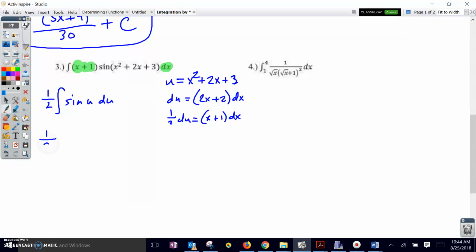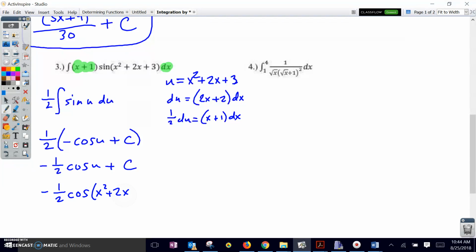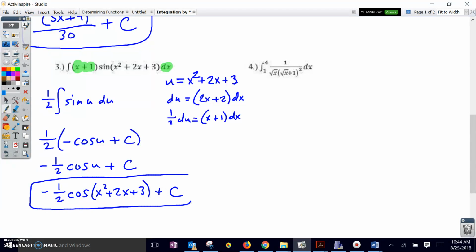Now I integrate. It's 1/2 times the opposite of the cosine of u plus c. I've got negative 1/2 cosine of u plus c. And then I bring u back, and we end up there.